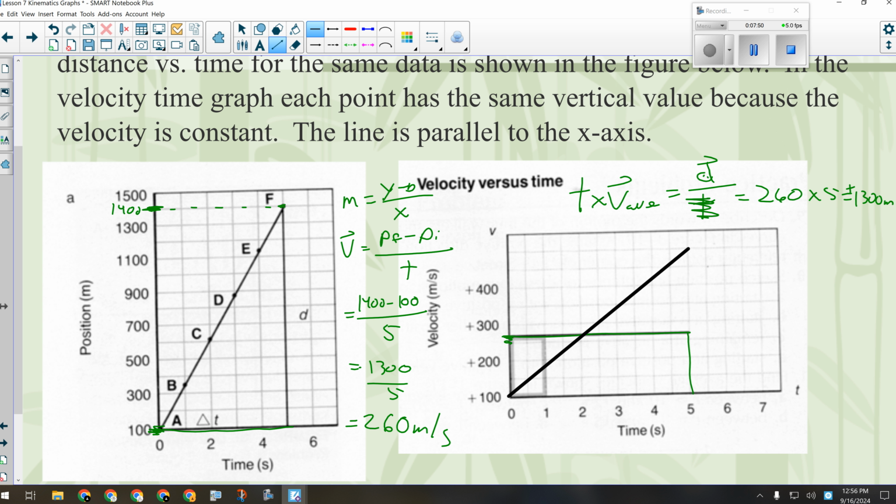If I wanted to find the displacement, in Science 10 you learned, well, calculate the area of that triangle. Well, that works because if I do that, I'm going to take the base, 5 seconds, which is the time, and multiply it by the height divided by 2.